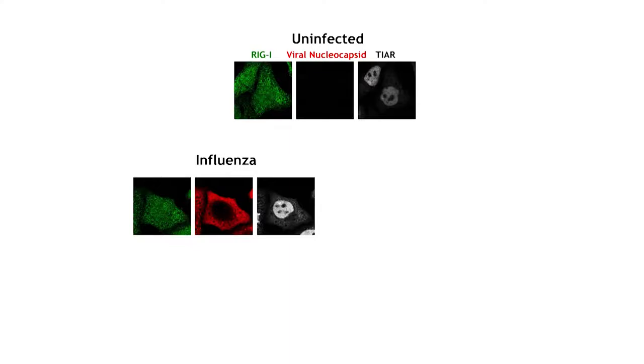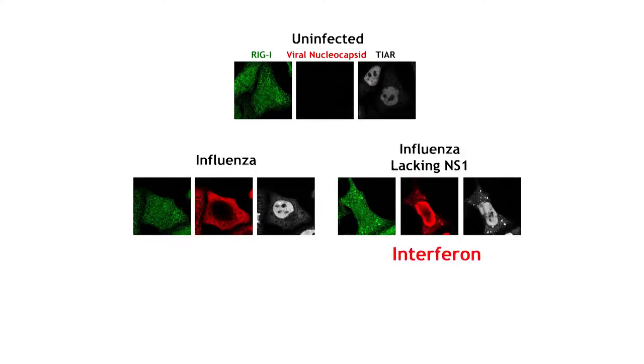Interestingly, influenza virus deficient of NS1 protein efficiently induces antiviral stress granules and interferon production. In summary, NS1 of influenza virus is critical for inhibiting antiviral stress granules and interferon to secure viral replication. It has been discovered that different viruses block interferon signaling with different strategies.